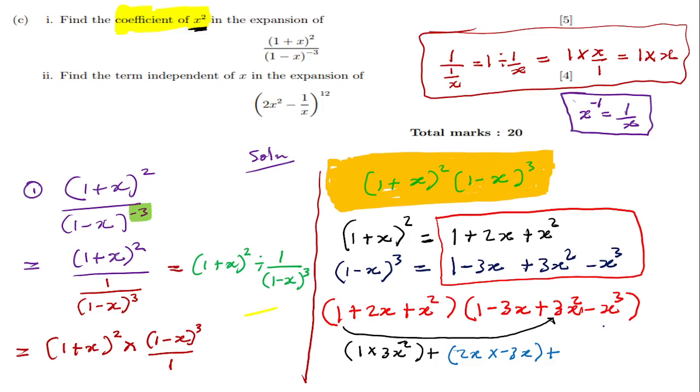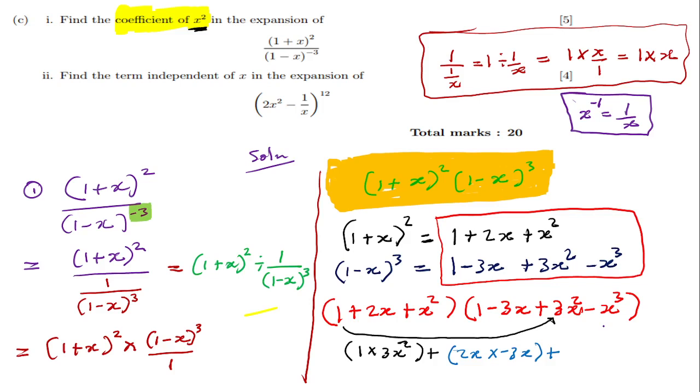So what I have there is 1 times 3x. The answer is 3x squared. Okay, then 2x times negative 3x, it's negative 6x squared. Then I'm going to say 1 times x squared. The answer is simply what? It is plus x squared.